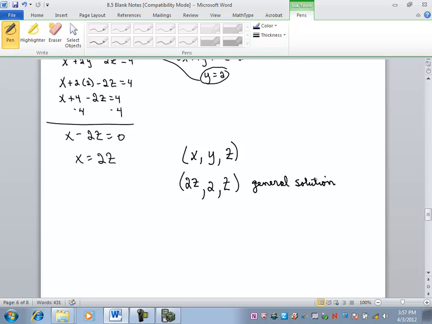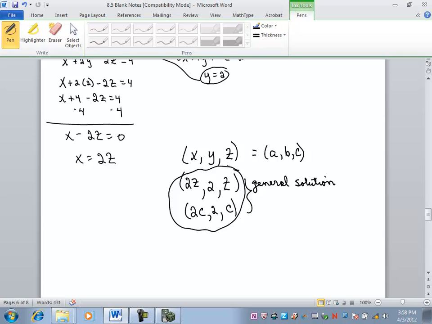Now, a lot of books and teachers will say, instead of x, y, z, use a, b, c, and so a lot of teachers might have us write 2c, comma 2, comma c. I'm going to accept either one of those at this point. When you get into linear algebra or finite math, those of you heading that direction, you'll talk more about it later, but for now I just want to give you a little taste of how this works.